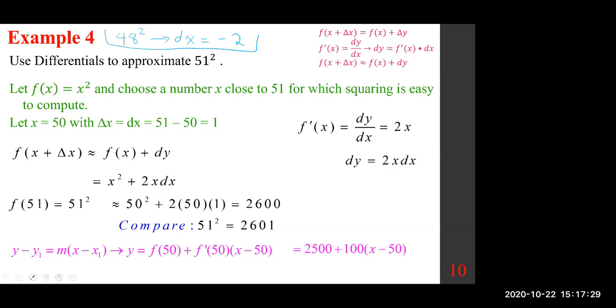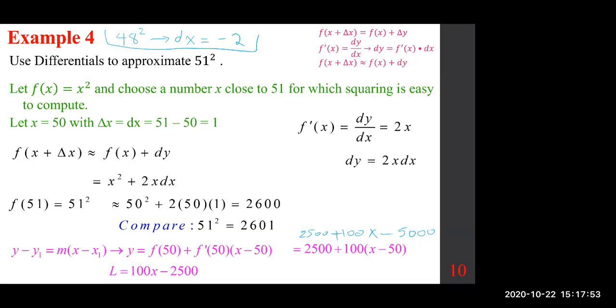And by the way, this is 2500 plus 100x minus 5000, and they add up to 100x minus 2500.